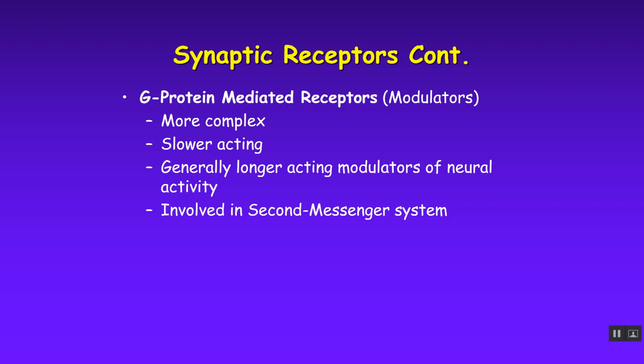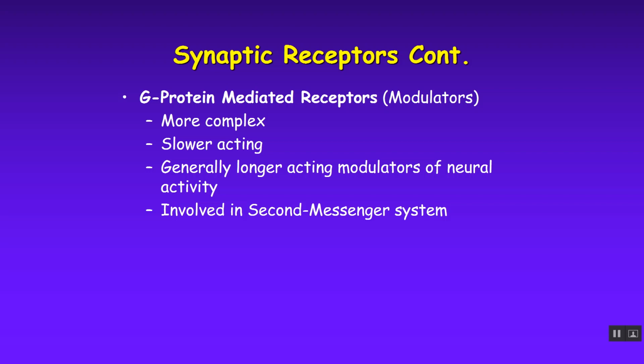Okay, so that's through the G protein mediated system. More complex, slower acting, generally longer acting modulators of neural activity. So they tend to influence bigger networks of neurons and overall modulate excitability of networks of neurons and systems versus just the individual connections between neurons. Okay?